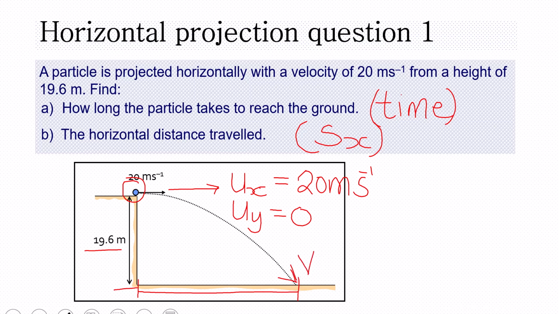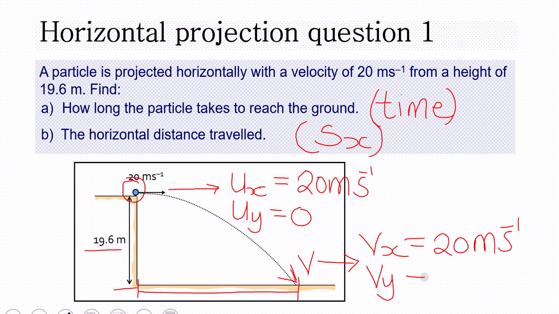But this v has two components. It has v in the x direction and it has v in the y direction. This v in the x, we said it is the same as the initial velocity. It will be 20 meters per second because there is no acceleration, so the velocity remains constant.